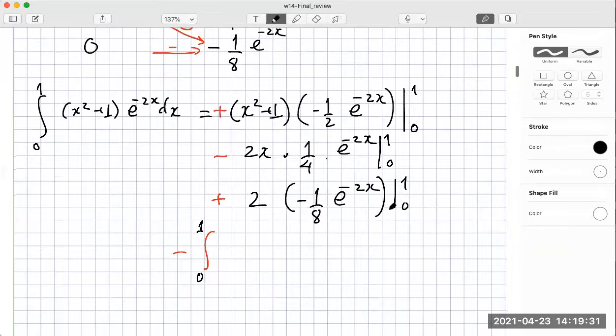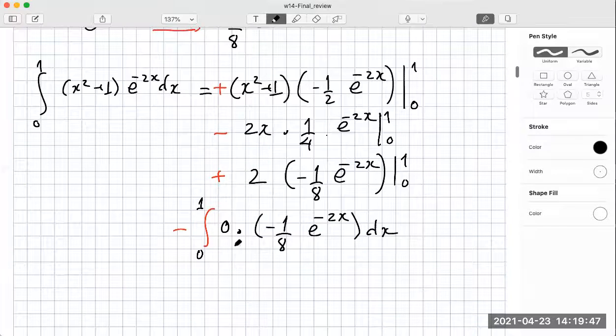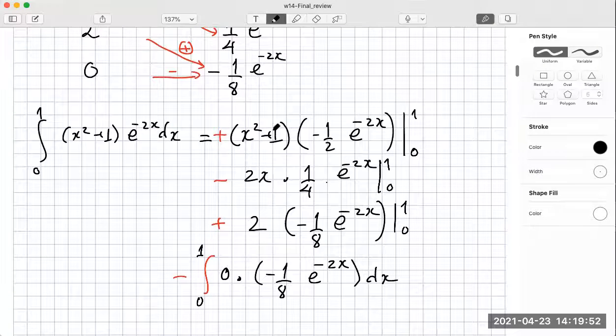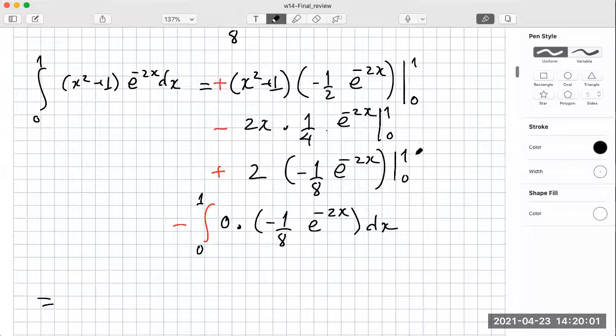The last one, it will be the product of 0 times -1/8 e to the -2x dx. So we see that when we do it one more step here, we can take advantage of the number 0 here. It will be simply 0, right? And finally, the integration by parts of this will be the result of these guys, because they are evaluated at the same boundaries, right?